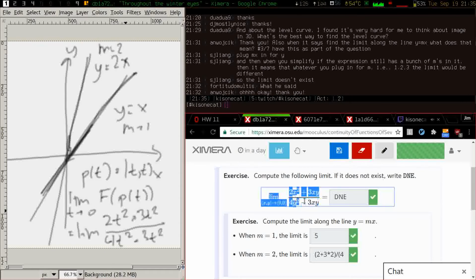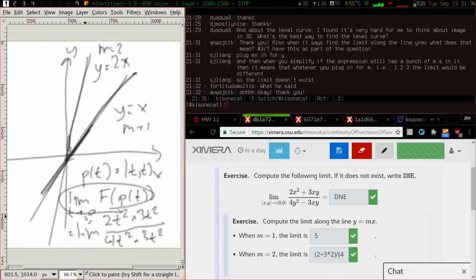To assert that this limit equals something, if I were to say it actually existed, that would be a promise that no matter how x, y approaches 0, 0, you can make this expression as close to whatever it equals, as long as you make x, y close enough to 0, 0.